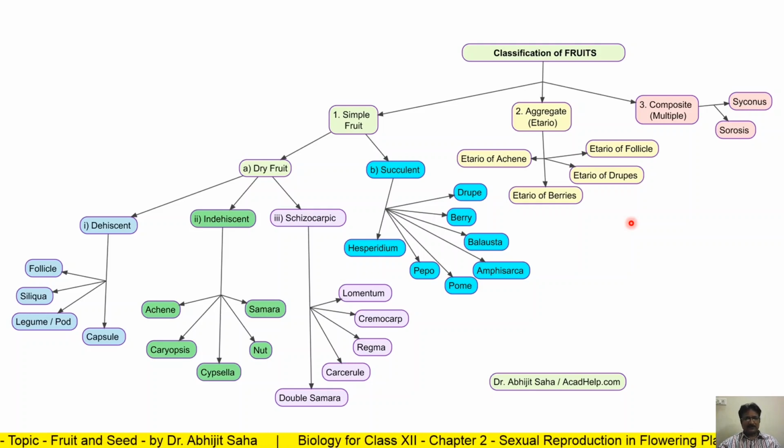We consider fruit, but we don't know how vast it is. Fruit itself can be a chapter. Now let us first classify. We'll just try to understand in very brief. Fruits are of three different types: simple fruit, aggregate fruit, and composite fruit.